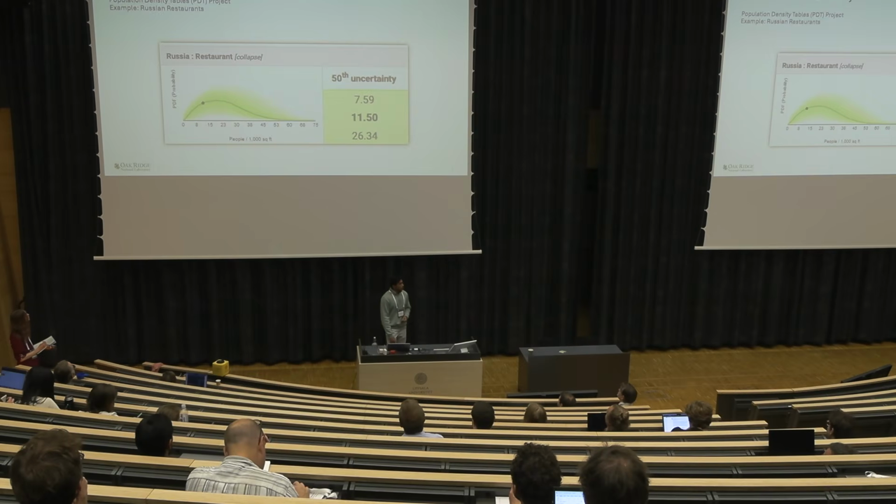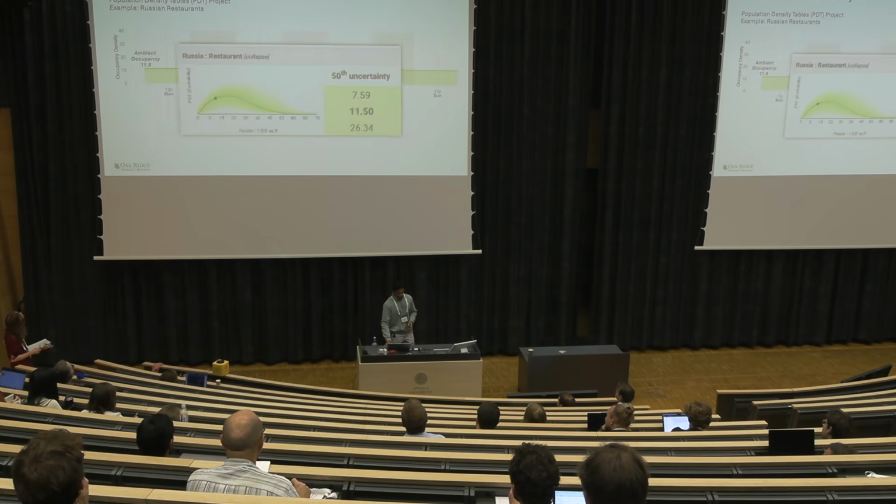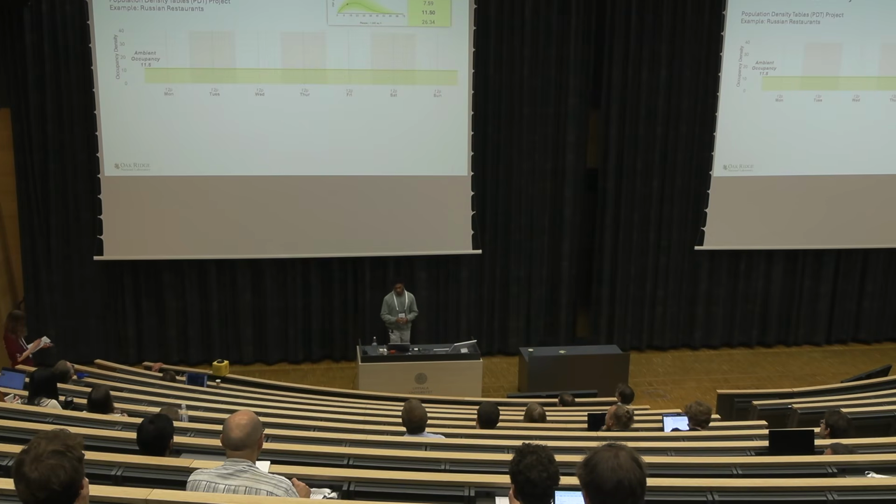So let's start with a broad metric of ambient occupancy. For example, if you look at restaurants in Russia, we might have an overall ambient occupancy of 11.5 people in a building of 1,000 square foot. And if we plot that across a typical week, we get something like this.